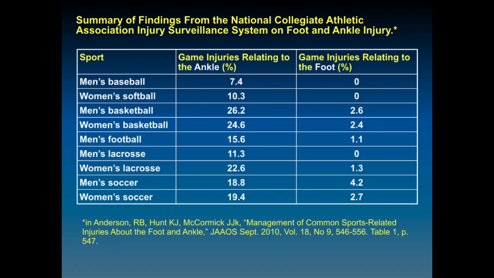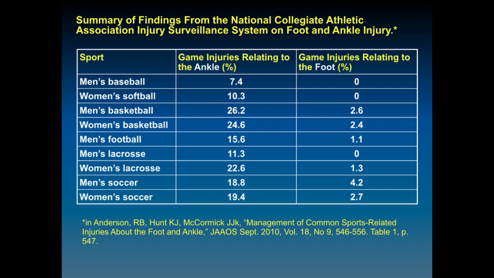If you look at the incidence of injuries to the ankle and foot from the NCAA surveillance system, as we would expect, basketball is the number one injury for the ankle. Men's basketball, 26% game-related injuries. Women's basketball second, then women's lacrosse.